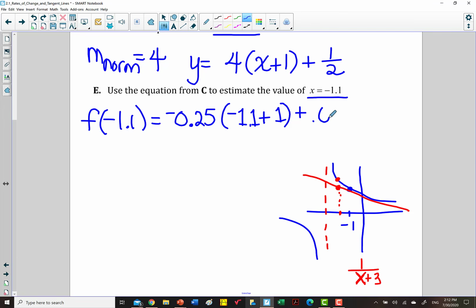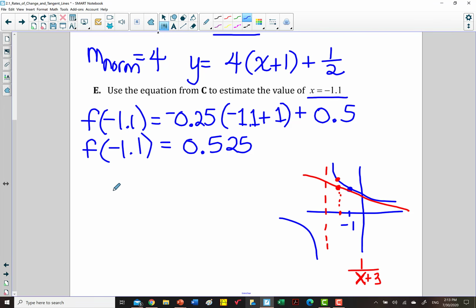Plus 1/2. And checking all of that on my calculator, I find out that the number is 0.525.